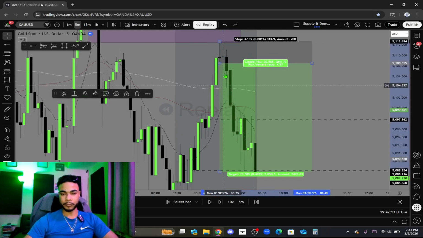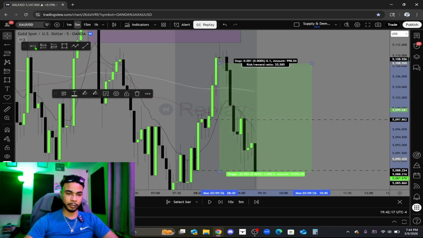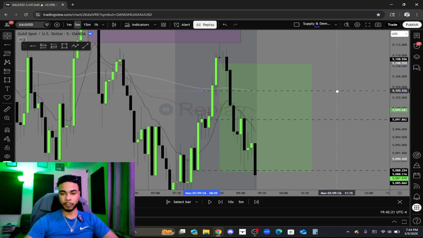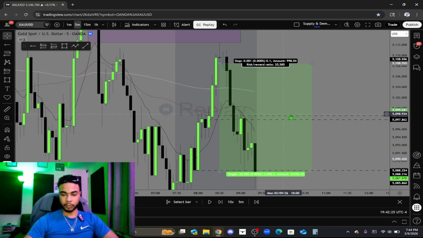Why? Because I moved my stop loss all the way up to here to break even. And then from break even, I moved my stop loss down here to my 1-to-1 target, because price was consolidating right here and it didn't want to go down.